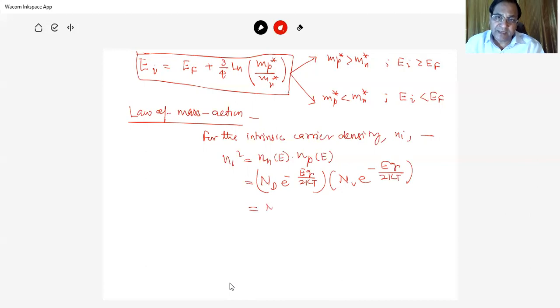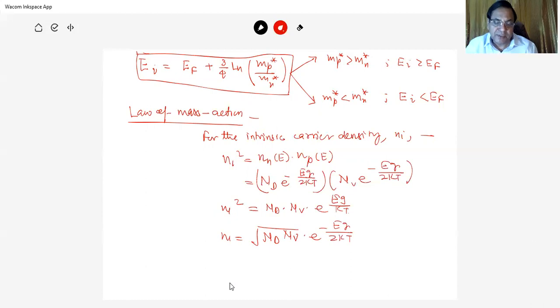So what we have, Nc into Nv into e raised to the power minus Eg upon kT. This is Ni square. So Ni is equal to under root of Nc Nv into e raised to the power minus Eg by 2kT. So this is valid.